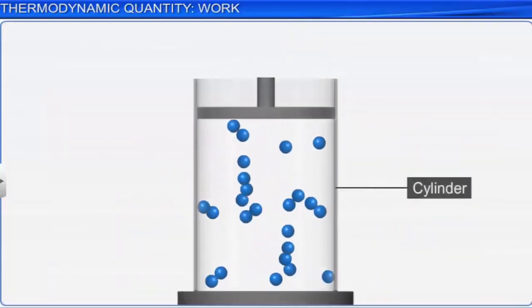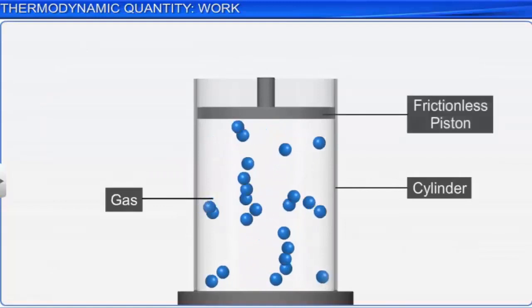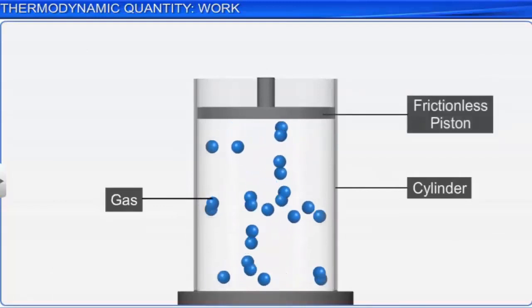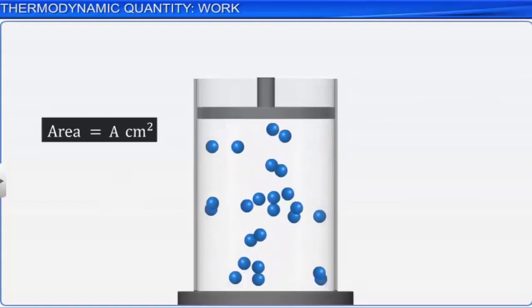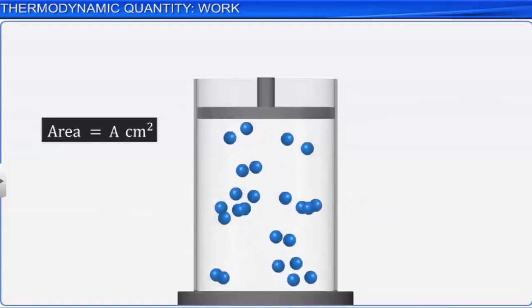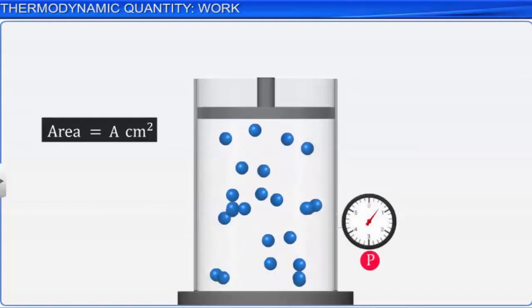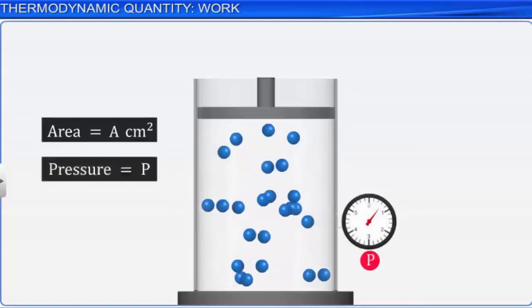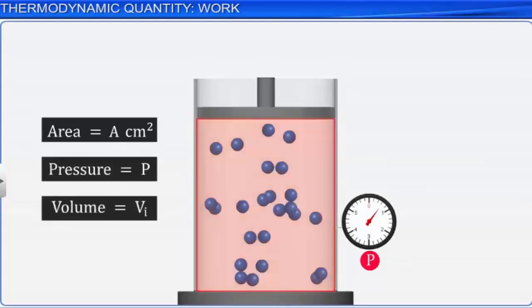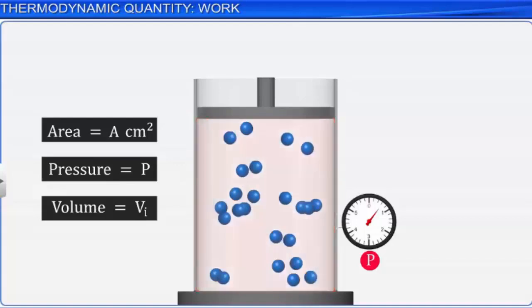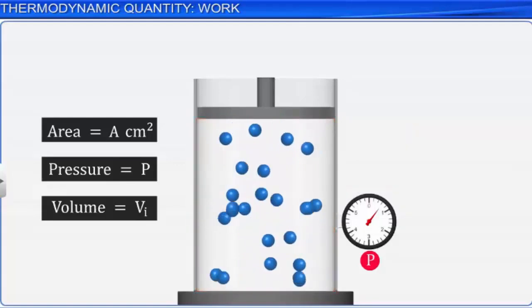Consider a cylinder filled with 1 mole of an ideal gas and fitted with a frictionless piston. Let's say the area of the cross-section of the cylinder is A square centimeter. The pressure of the gas inside the cylinder is P, and the volume of the gas inside the cylinder is VI, the initial volume of the gas.